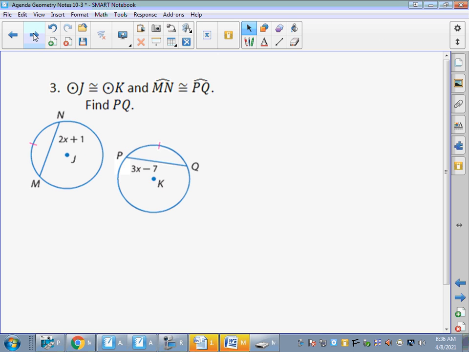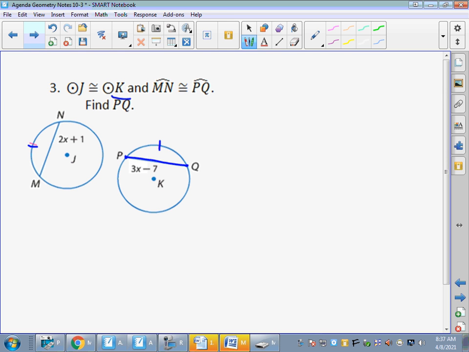I think this one, let's just talk about it for a minute. I've got two separate circles. We didn't do this. Circle J and circle K. Arc MN is congruent to arc PQ. They are already marked with a single dash. Find PQ. Well, PQ is a chord, right? This is the length of the chord. So PQ is this chord.